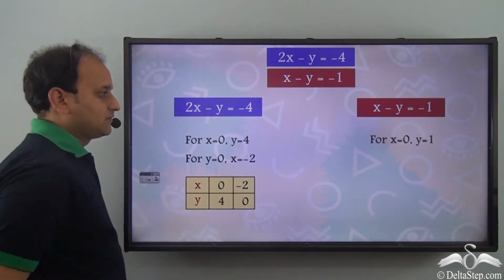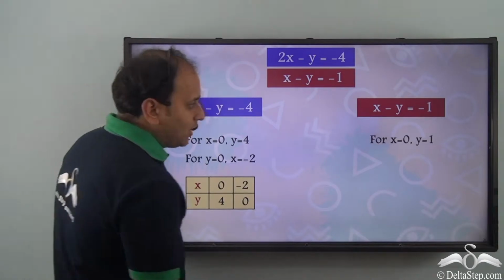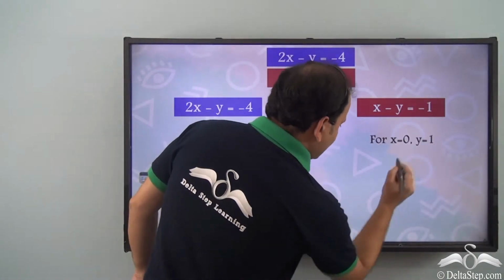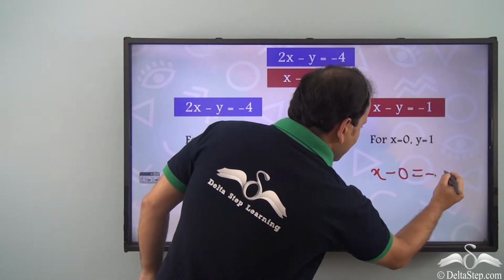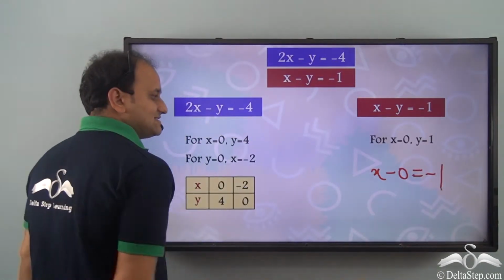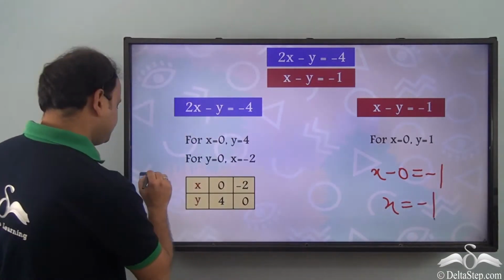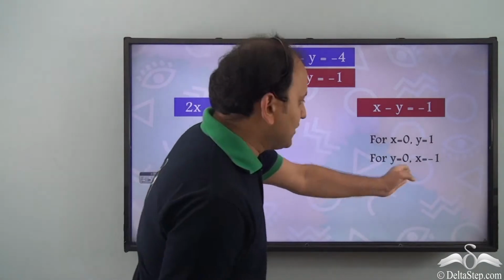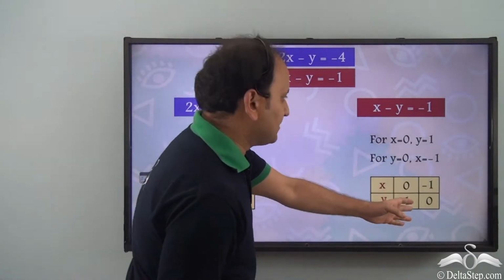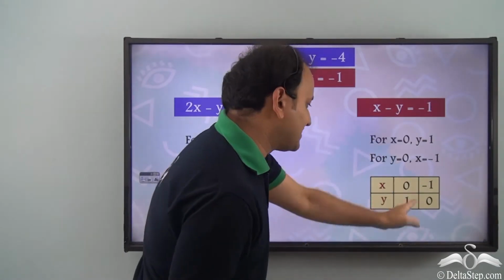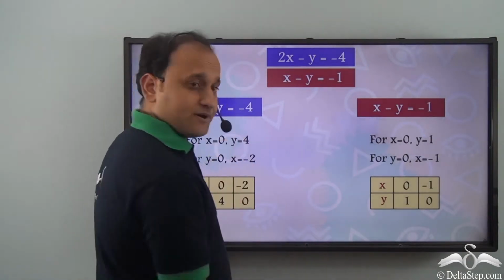So for x equal to 0, y is 1. Now let's take y as 0. Then we'll have x minus 0 is equal to minus 1, or we can say that x is equal to minus 1. So for y equal to 0, x is equal to minus 1. So we have this table for x minus y equal to minus 1, and we can use this to plot it on a graph paper.